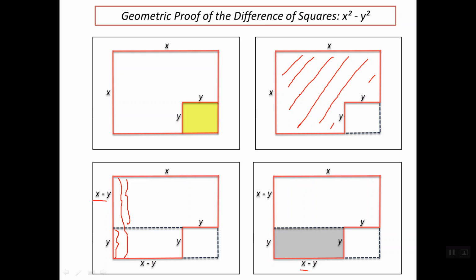Again, regarding the dimension of this length, which is x minus y, the total length of this square is x. So we subtract the dimension of the small square, which is y. So we have x minus y.